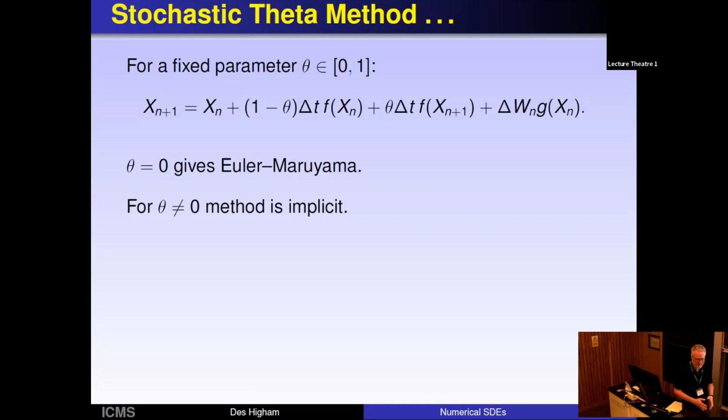This is mentioned in the book in more detail, but it's very dangerous to be fully implicit in that sense. So we're only going to allow implicitness in the drift. If f was a non-linear function, we'd have to solve that non-linear equation to find the next value. That's why it's implicit. Because f is linear, in our setting, it's actually trivial just to rearrange and find an expression for x_{n+1}. So that's the method.